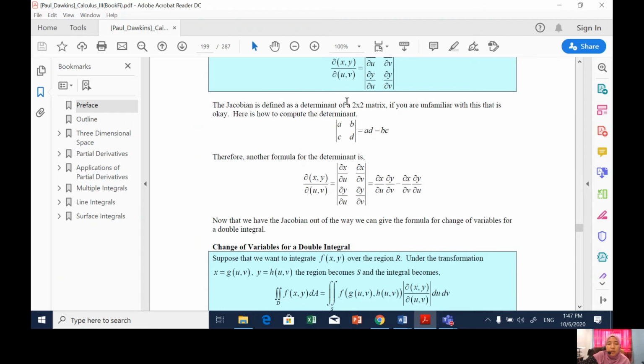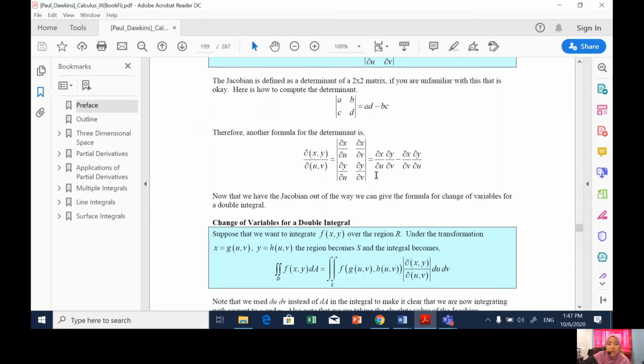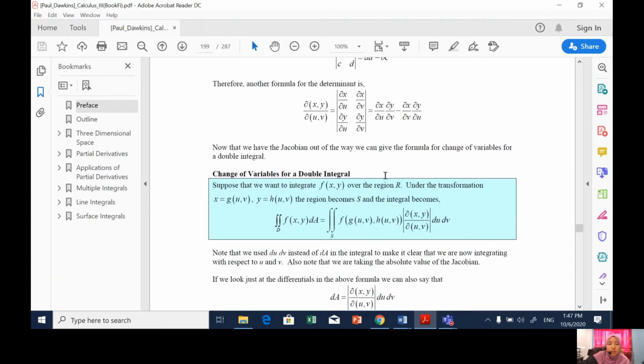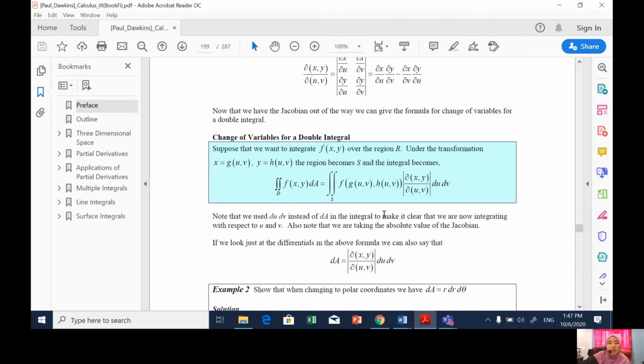This is the one we'll be using in our change of variable for a double integral.